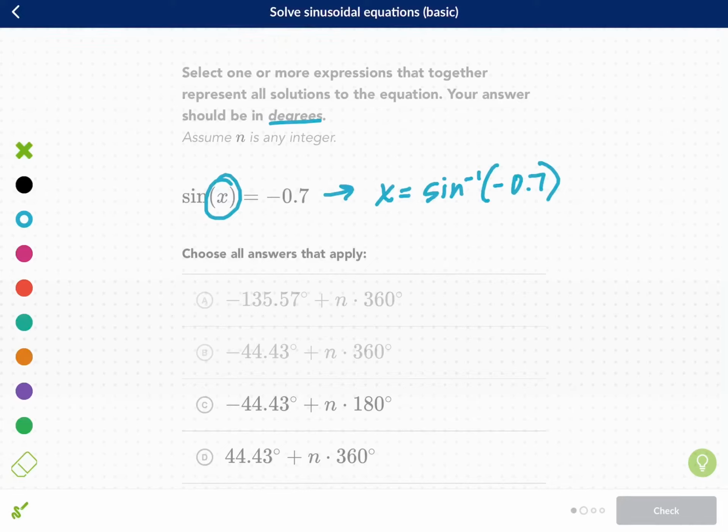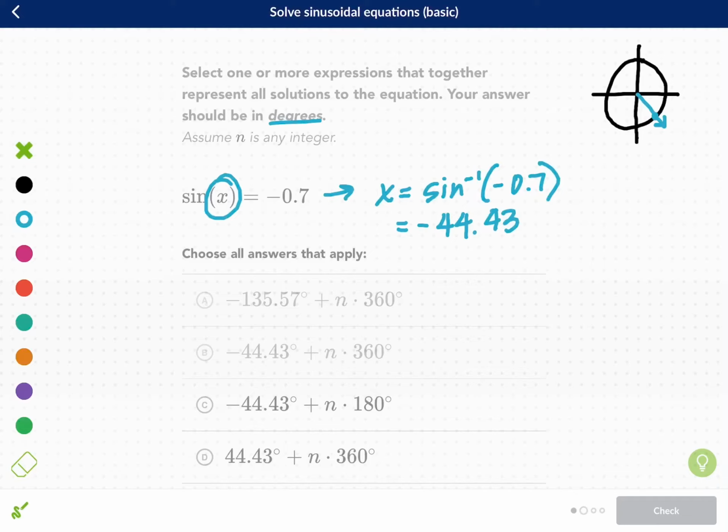The inverse sine of negative 0.7 in degree mode is giving me negative 44.43. Thinking about our circle, negative 44.43 is right here. That would be that sine value of negative 0.7.